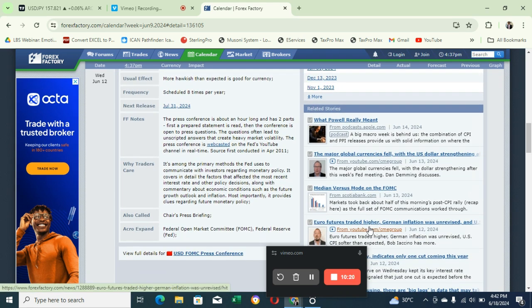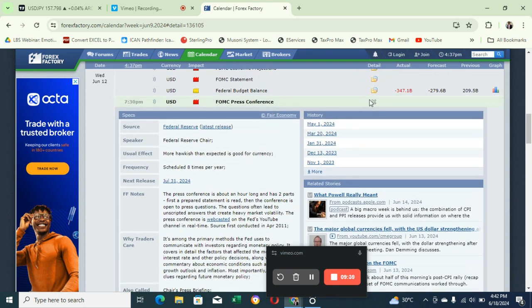It's among the primary methods the Fed uses to communicate with investors regarding monetary policy. It covers in detail the factors that affect the most recent interest rate and other policy decisions, along with commentary about economic conditions such as the growth outlook and inflation. Most likely it provides clues including future monetary policy. That's the reason why the news has a high impact.